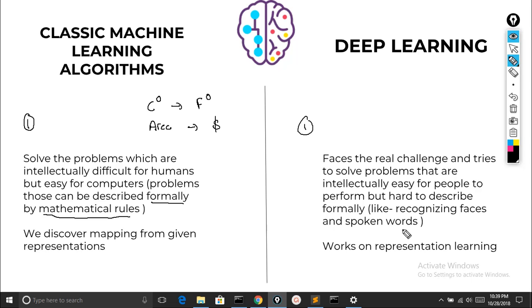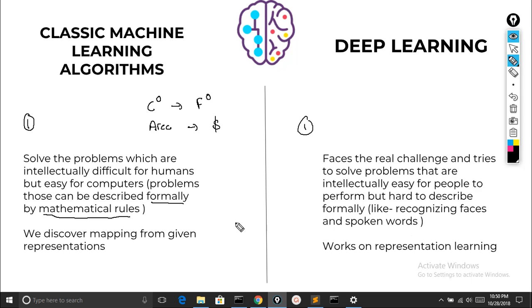We can't hard code the representation of a face because there are too many features in an image. So what a deep learning model like a CNN does is, layer by layer, it breaks down that complex representation into simpler representations. We will talk about it while discussing our CNN models.